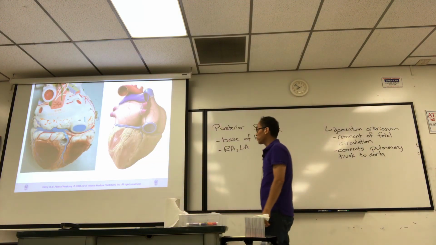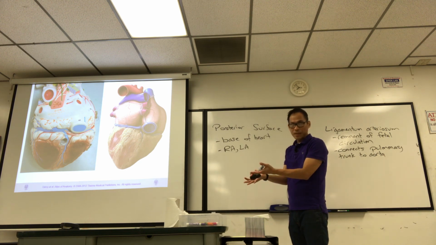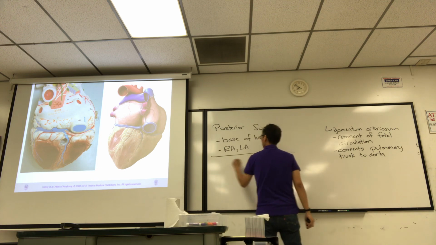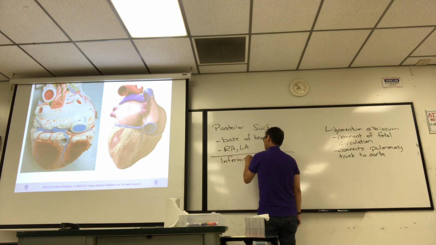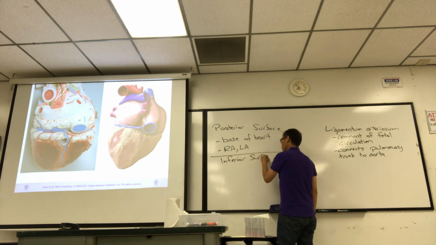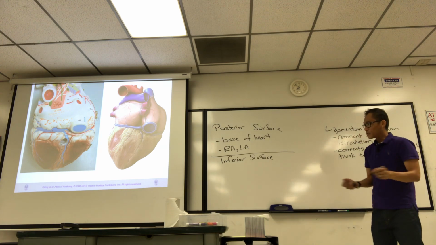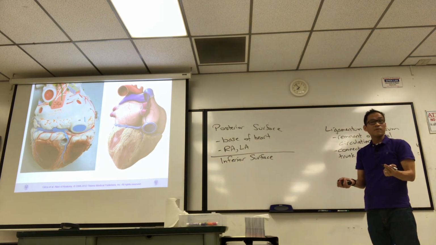Let me show you this surface here. This is kind of the bottom side, the inferior surface. Sometimes called diaphragmatic. I don't like spelling that, so I just say inferior surface. But diaphragmatic means it's sitting on top of the diaphragm.